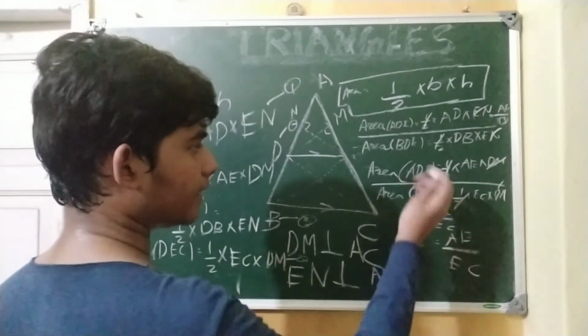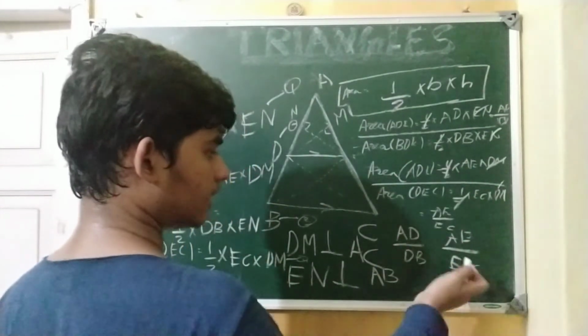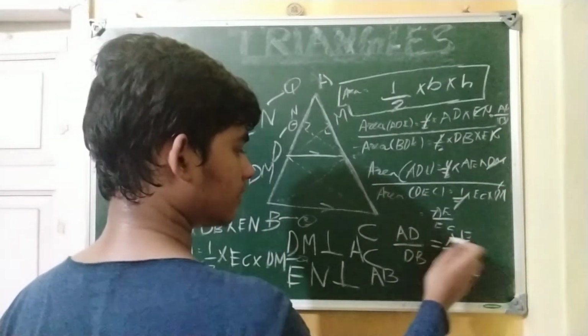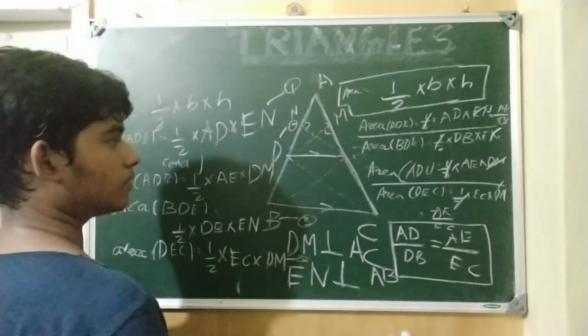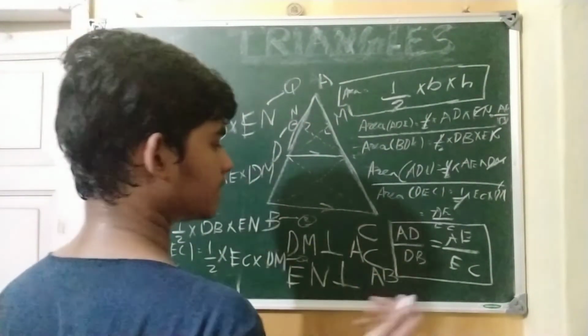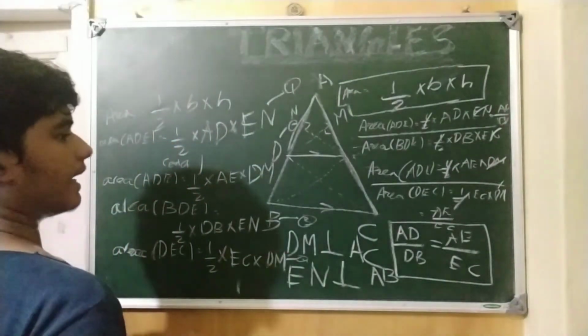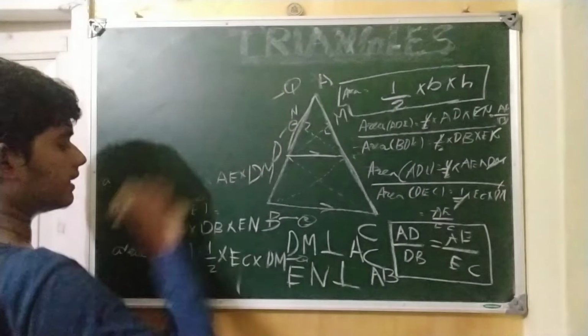So the areas of BDE and DEC are equal, so it leads to AD by DB equals AE by EC. That basically proves that AD by DB is equal to AE by EC, and that is why the formula is correct.